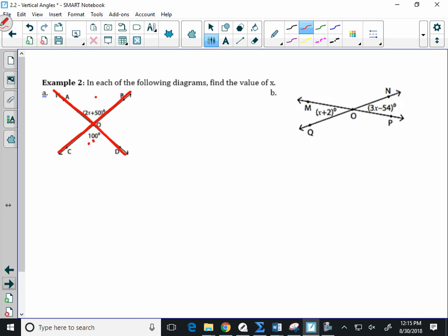What do we know about vertical angles? Yep, they're the same. Ellie, how can we set up this problem? What did we just say? We just said these are vertical angles, and we know vertical angles are what?